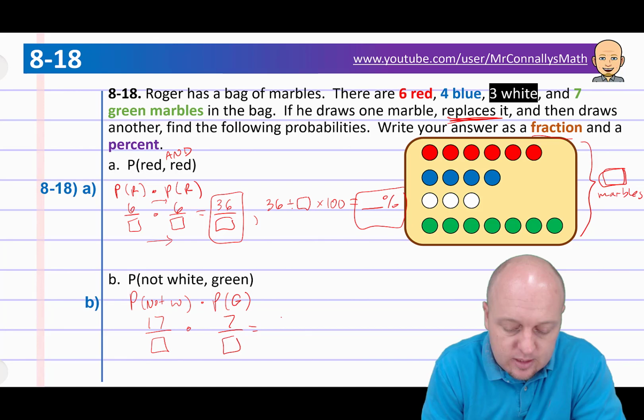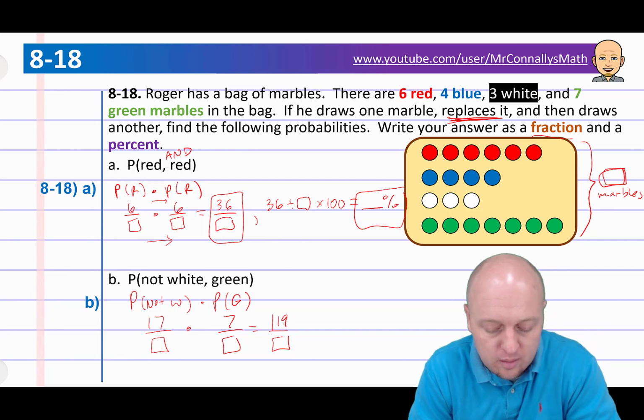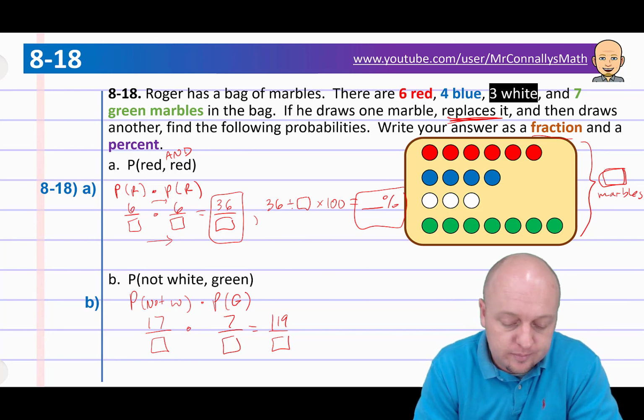Go ahead and multiply 17 times 7. That's 70 plus 49, that's 119, out of whatever the number of marbles is times itself.